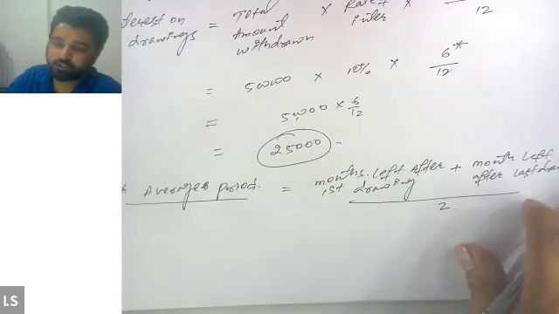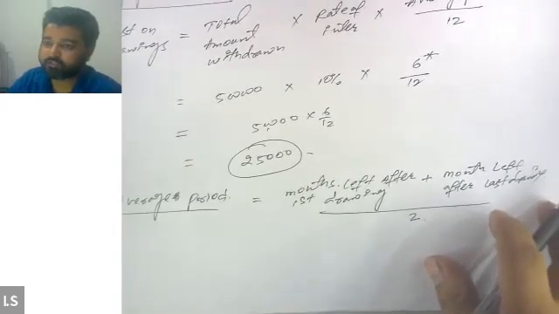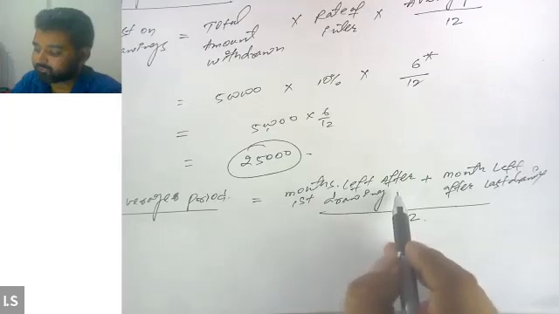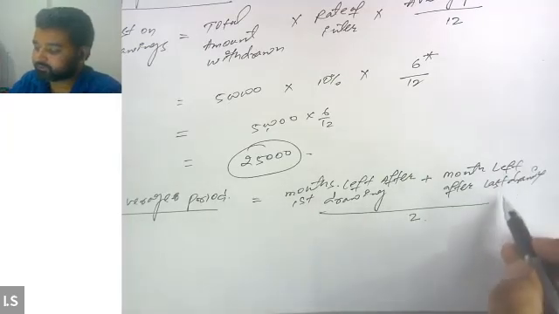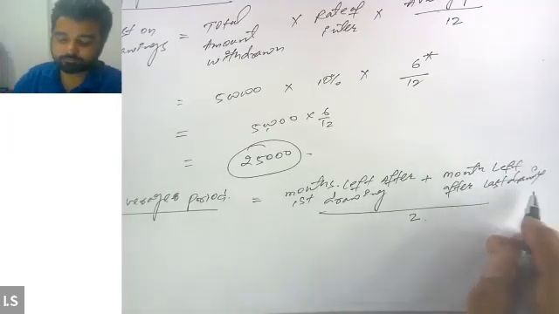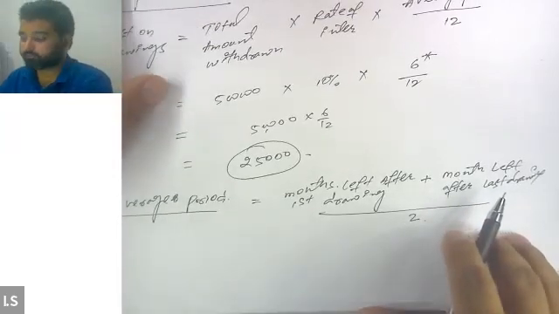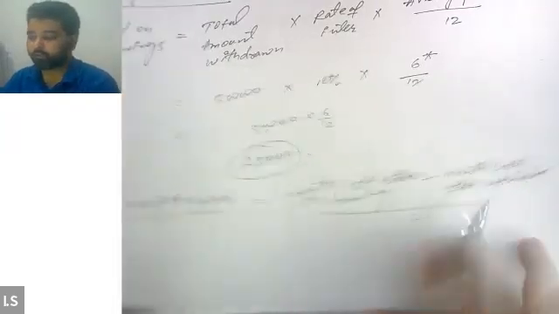This is the formula for calculating average period. All right, so this is the formula. Let me explain how it works.